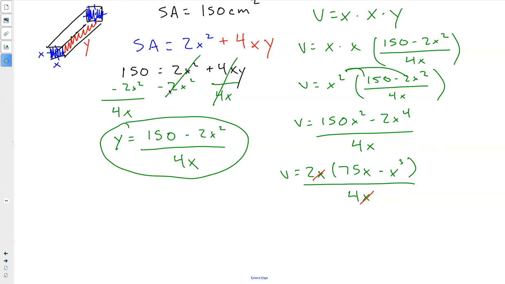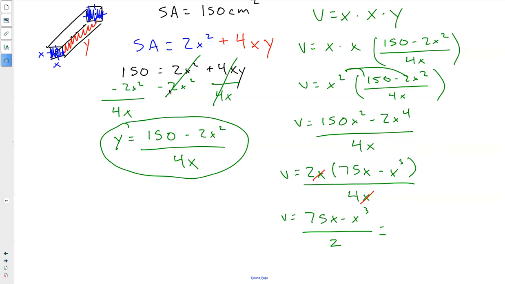So let's go ahead and rewrite this again. Volume is equal to 75x minus x cubed all over 2. Okay, yeah, if you like it how it is right here, you can leave it.